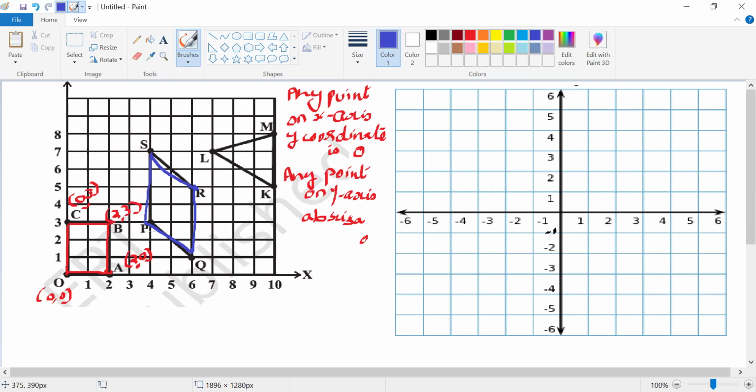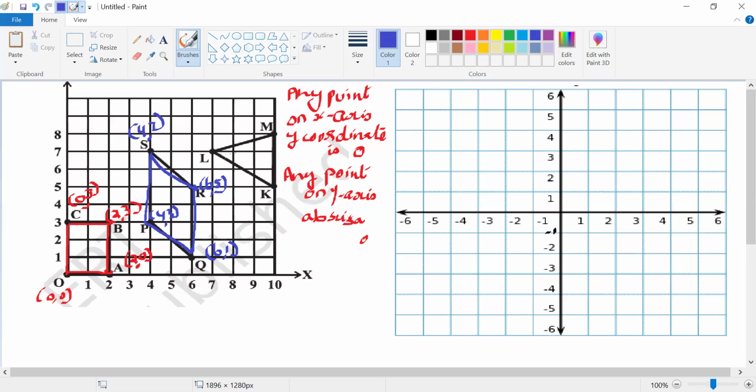What are the coordinates of P? X 4, Y 3. So 4, 3. Q, 6, 1. R, 6, 5. S, 4, 7.